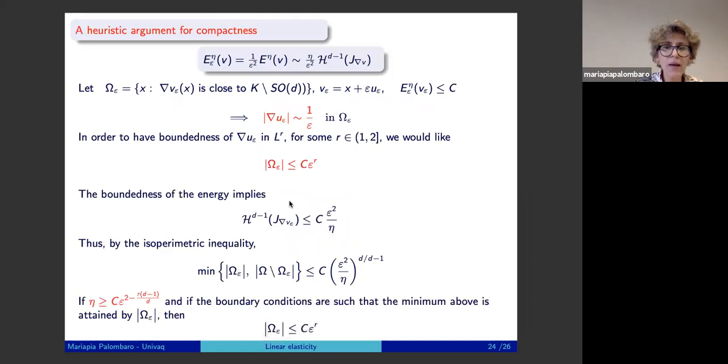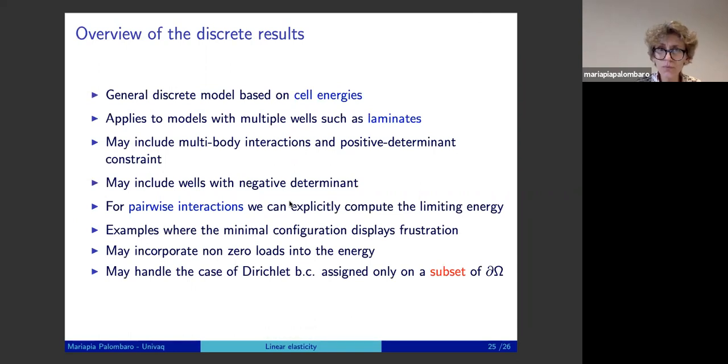And let me come to an overview of the discrete results. In our work, we consider a general discrete model, which is based on cell energies, energies accounting for interactions within cells, which can be arbitrarily large. We provide several examples. For example, also laminates, where the wells have positive determinant.